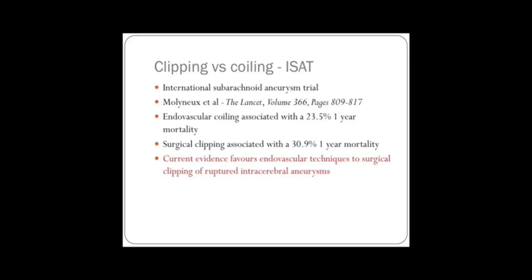Someone may ask you the relative benefits of the two. This looked at patients who had spontaneous subarachnoid hemorrhage as a result of aneurysm rupture. And it found actually that coiling was associated with a significantly lower one-year mortality than clipping. So currently, coiling is the preferred technique.